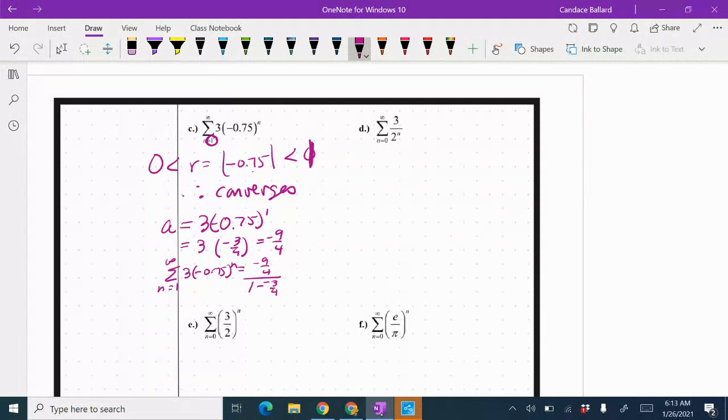So we would use the actual value of the ratio. So we're going to look at that double negative is going to go positive. This is going to be 4 over 4. So we get negative 9/4 divided by 7/4. And then I'm going to flip and multiply. So these would cancel. So I get that the sum is negative 9/7.